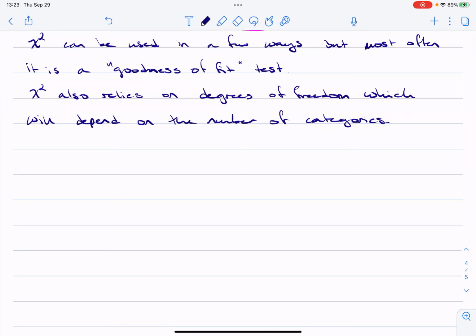So binomial and chi-squared, those are all for categorical data. Success, failure, counts in different categories.